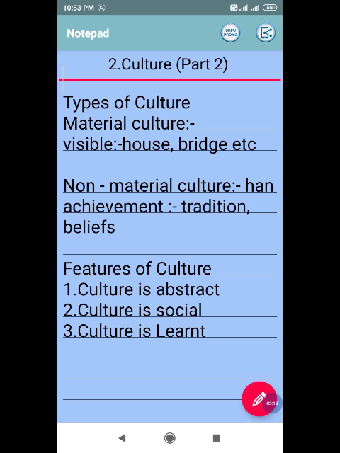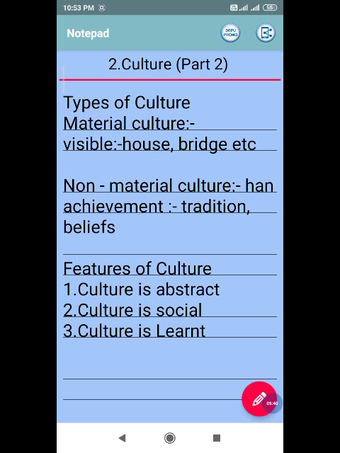Here the beliefs, thoughts, and ideals are carried from one generation to another, and in this process of shifting they remain abstract. That is why culture is abstract. This is also one of the very important features of culture.